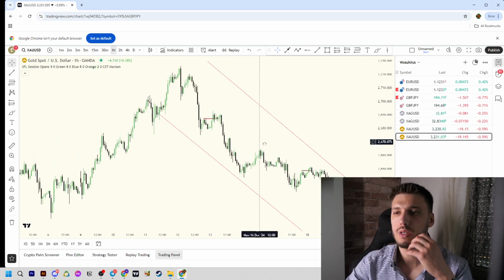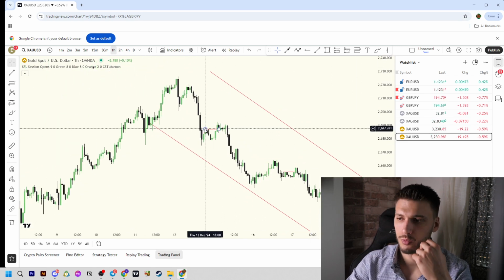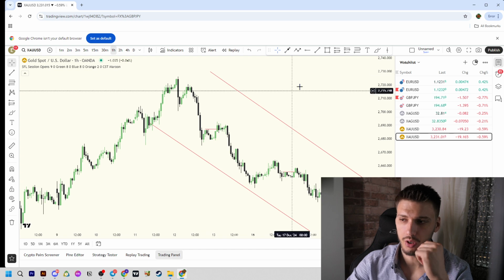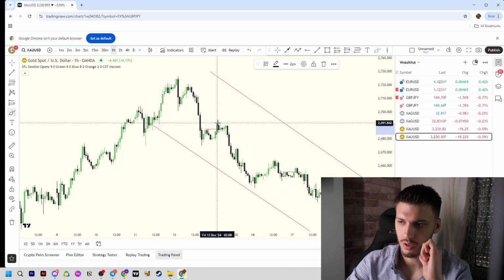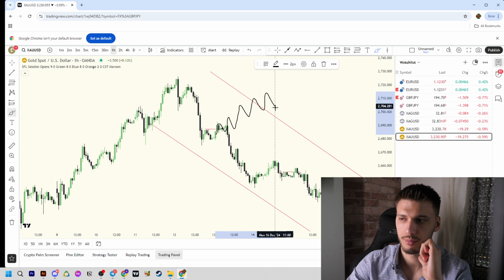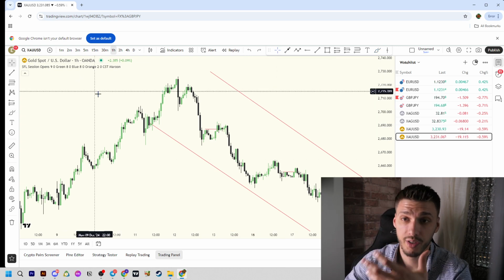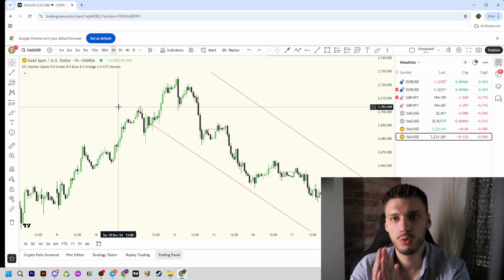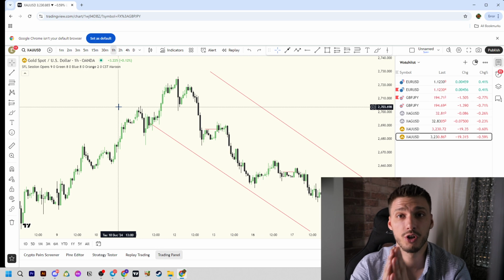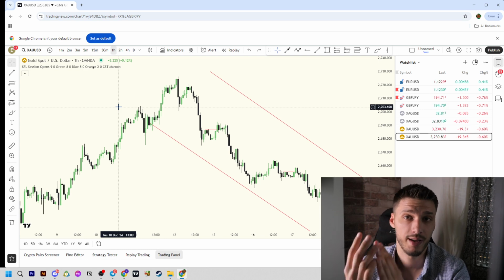And how do we confirm? Because when we see this, it could easily close up here and then just start an uptrend. But how do we confirm it's an actual liquidity sweep? We do that by seeing a break of structure after the liquidity sweep has been done.